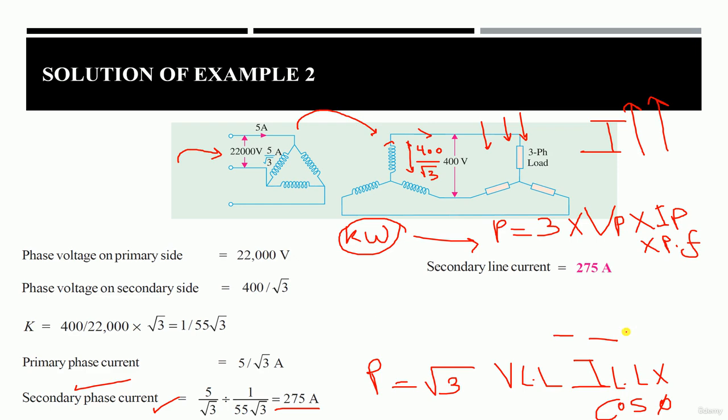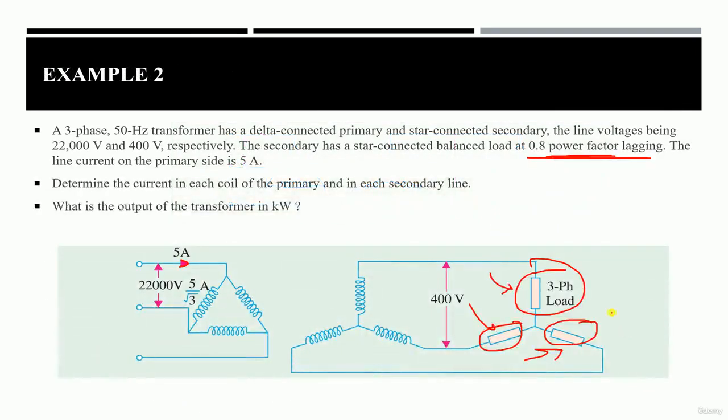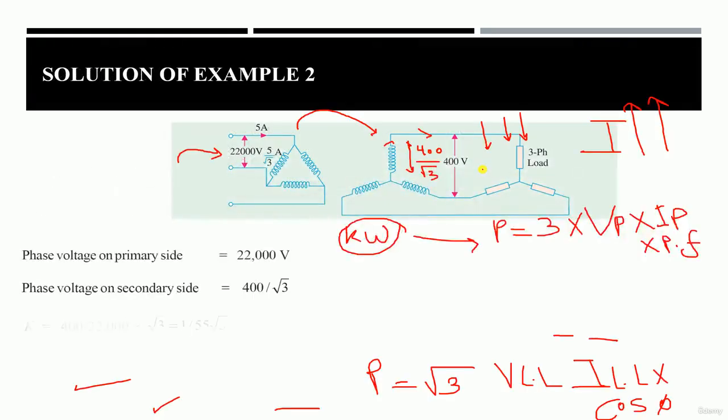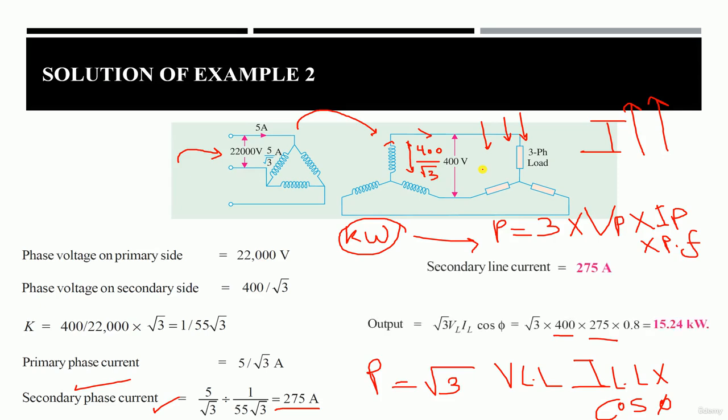If you get back to the beginning, you can see 0.8 power factor lagging. This is the power factor of our load. Okay, so this finally gives us that the output active power absorbed by the load is equal to 15.24 kilowatt. So this was another solved example on the delta Y or Y delta connections in the electrical transformer.